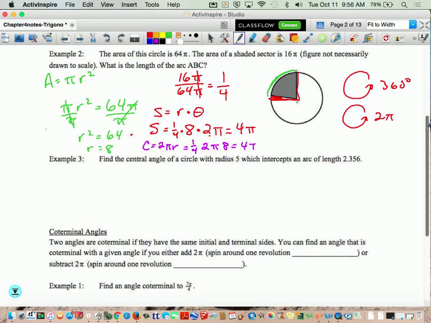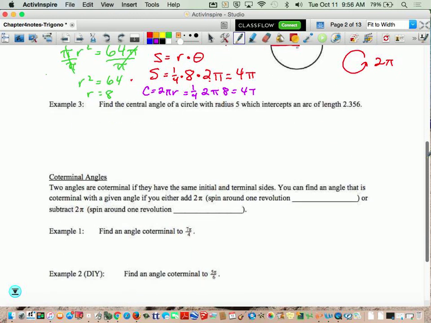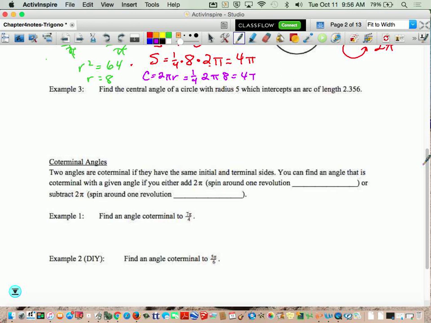Talk about circles, arc lengths. Find the central angle of a circle with radius 5, which intercepts an arc length of 2.356. So theta equals S over R is always the formula that I have memorized.